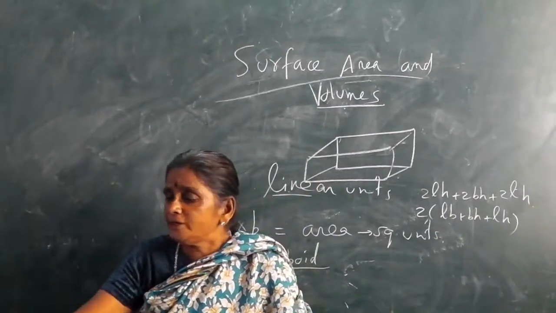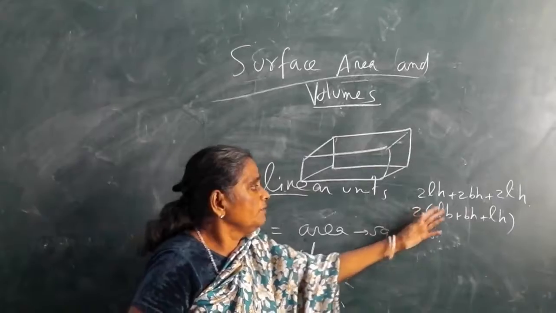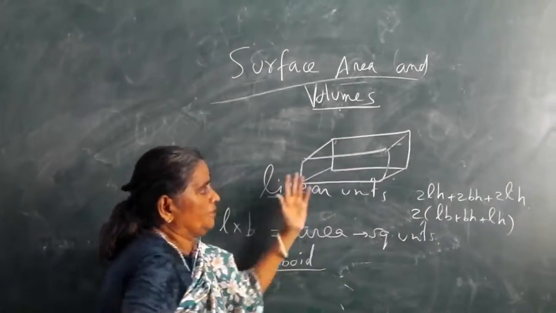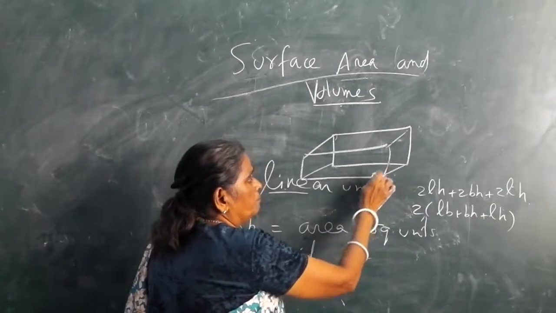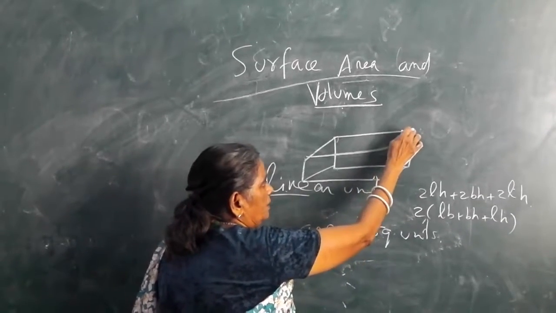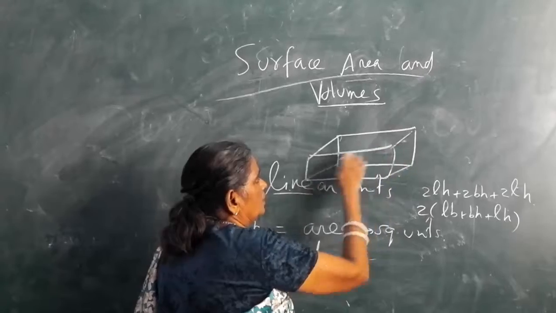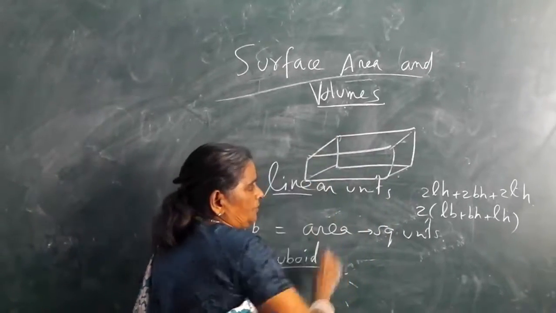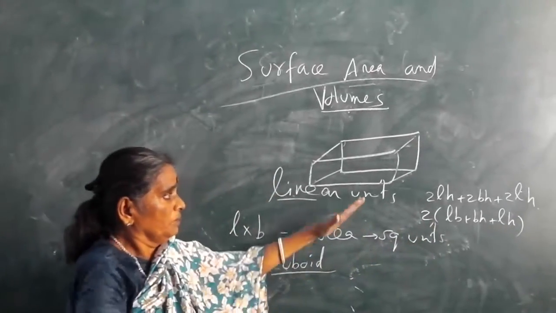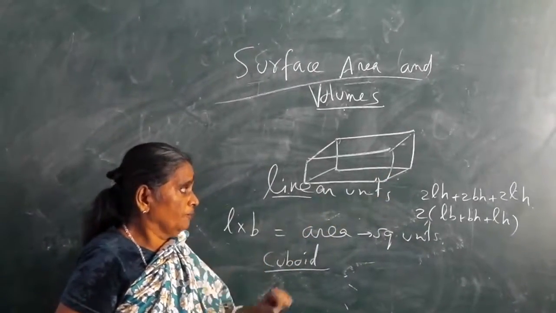You can add all these square units, which will give you the total surface area, because you are getting L into B, L into B, B into H, B into H, L into H, L into H.